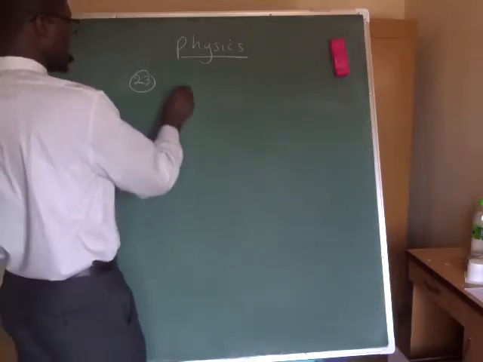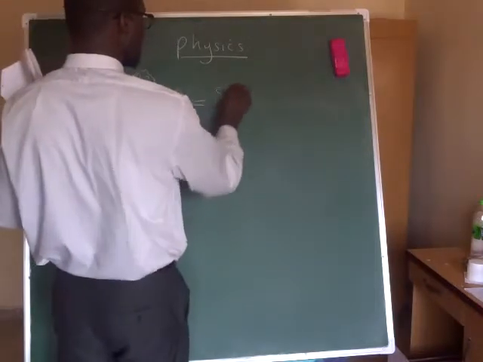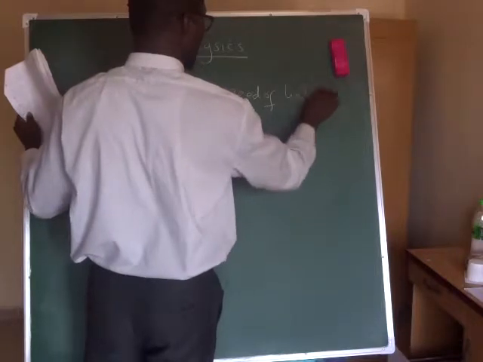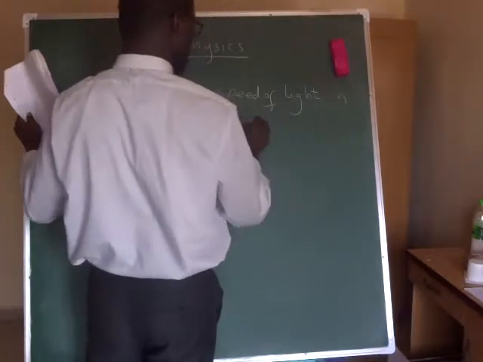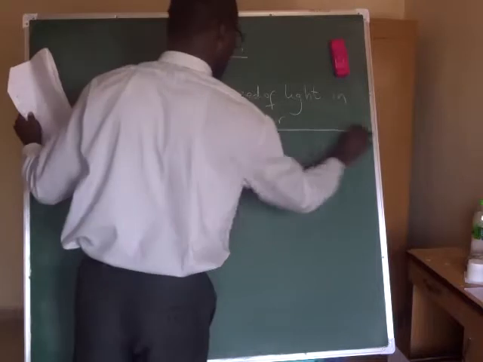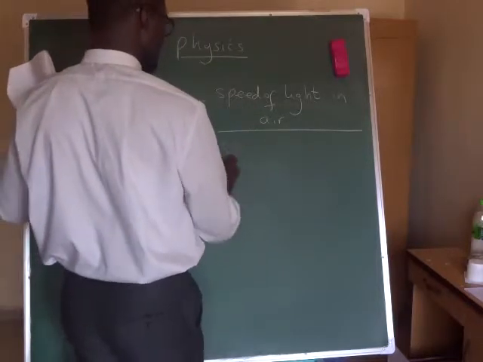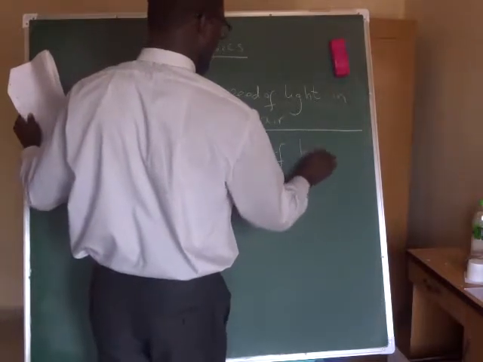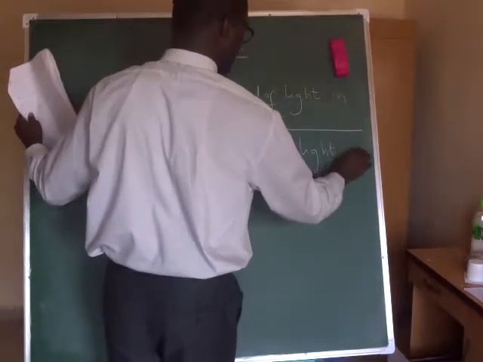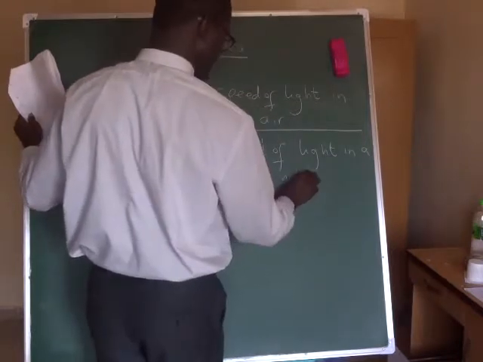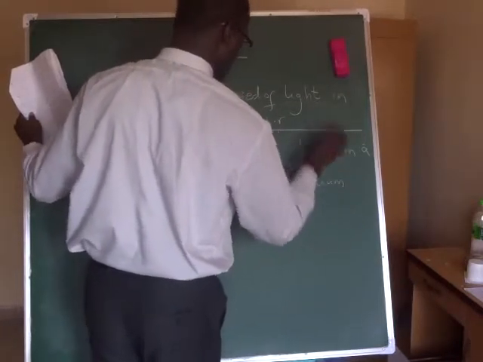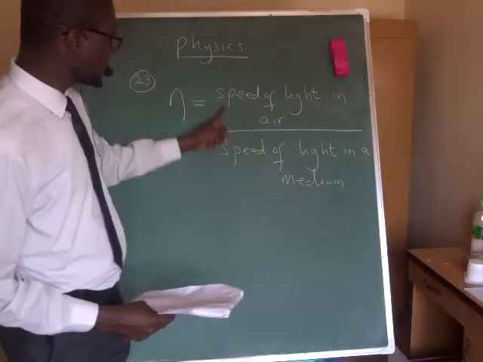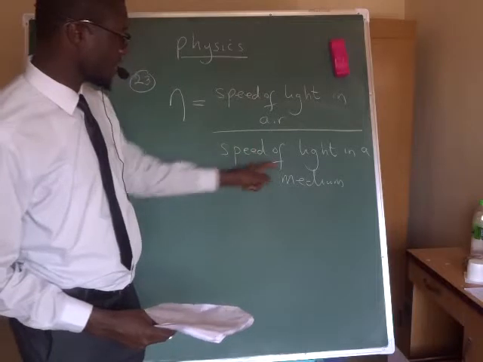So we know refractive index is given by this formula: speed of light in air over speed of light in a medium.